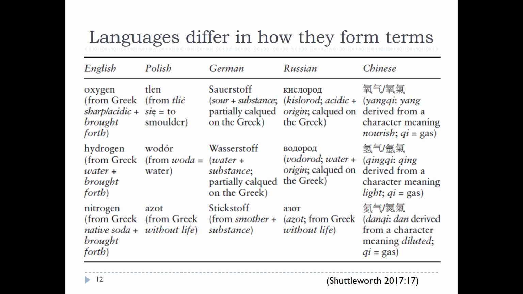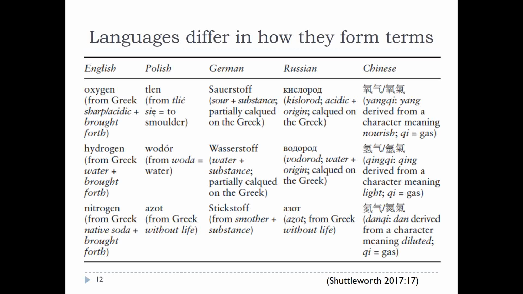But in each case, they're formed by copying or calquing the Greek term used in English, and you'll see that the meaning is similar. This happens to some extent in Polish and in Russian. In Polish, you get tlen, wodór, and azot, and in Russian, you get kislorod, vodorod, and azot. So 2 of these are formed on the basis of words already existing in the respective language, but another one has been borrowed from Greek.